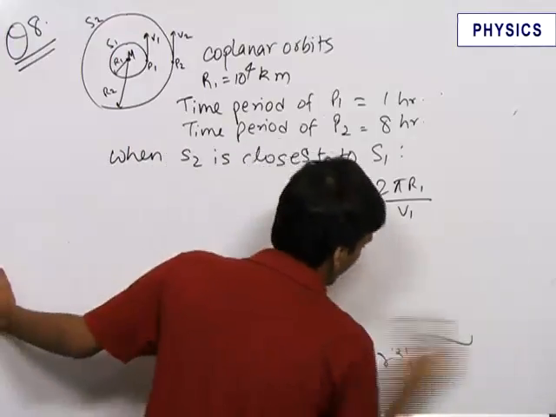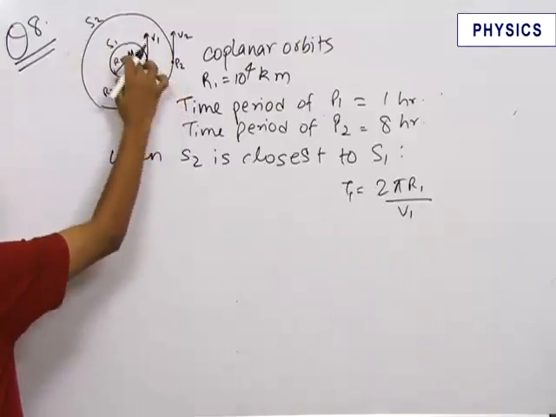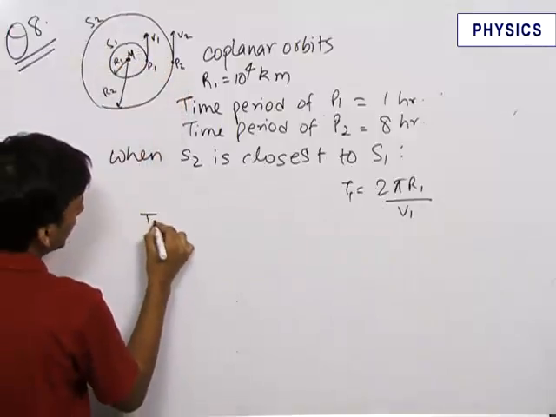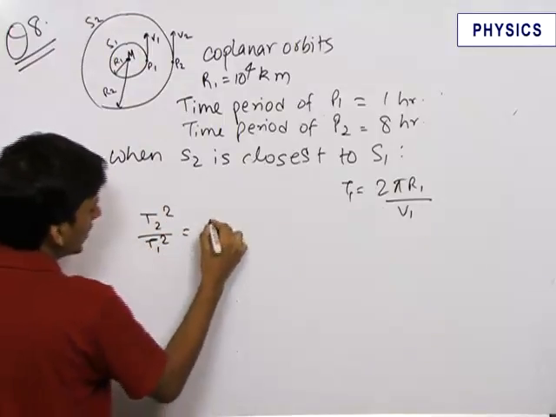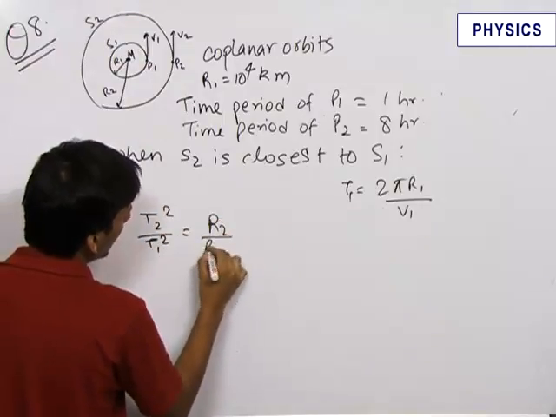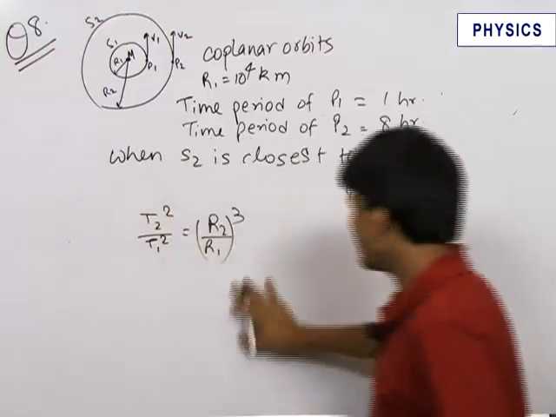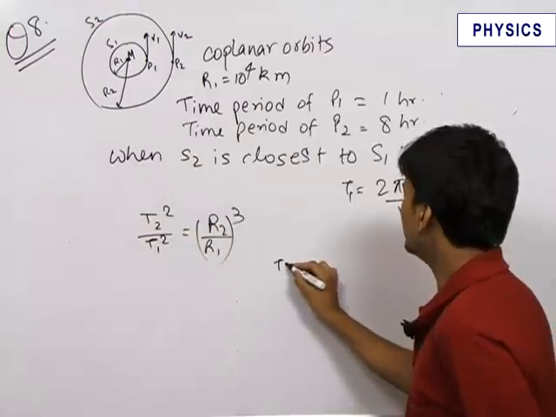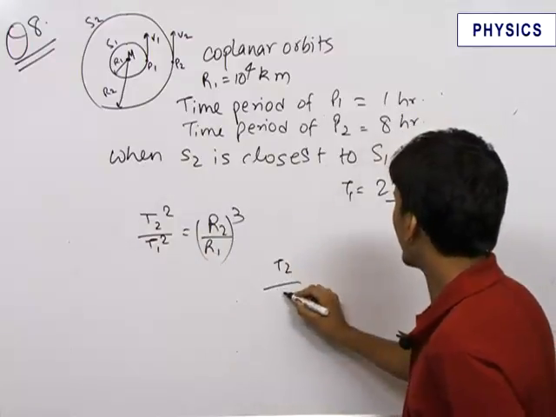Since both of these are revolving around the same planet, T2 square upon T1 square is equal to r2 upon r1 whole cube. From this we get T2 upon T1 is equal to 8.